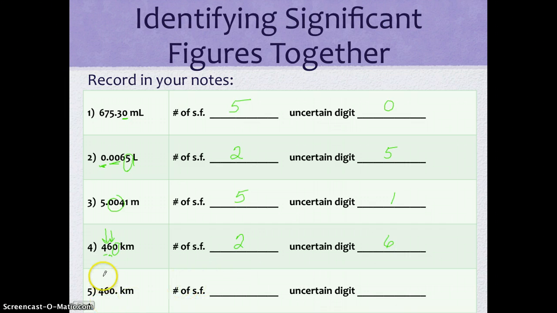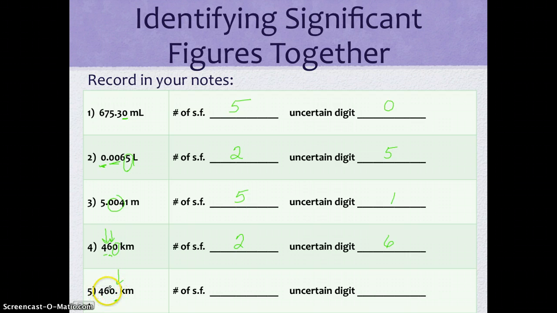Okay, one more here. You'll notice that if you look up at number 4 and you look at 5, they're pretty much the same. The exception is this decimal point here. Because this decimal point exists, what that means is the preceding 0 or zeros are going to be significant. So that means this 0 right in front of the decimal is uncertain, but it is significant.